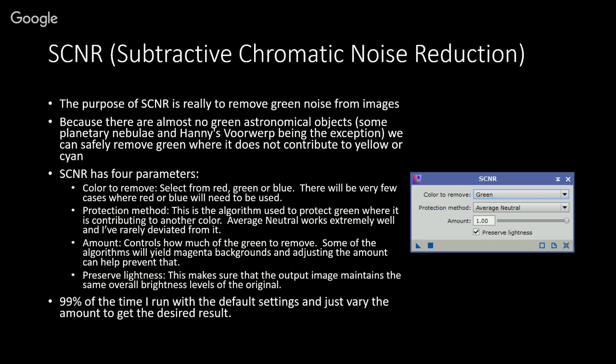And there's an amount slider that basically tells it how much of the result is blended in with the original image. So an amount of 1 means that your output image will be entirely the SCNR result. An amount of 0 means that the result will be entirely the original image. So that's in there in case you're hitting situations where it's throwing off the background. You can get some cases where the background ends up kind of magenta looking, and you can bring the amount down a little bit.